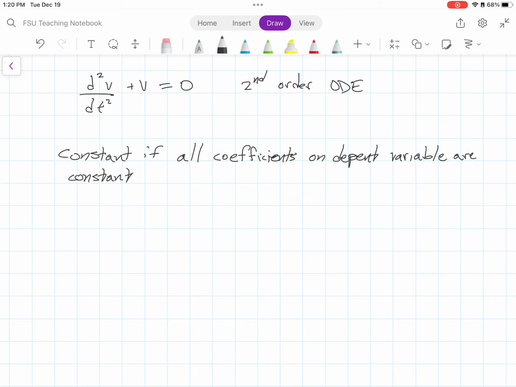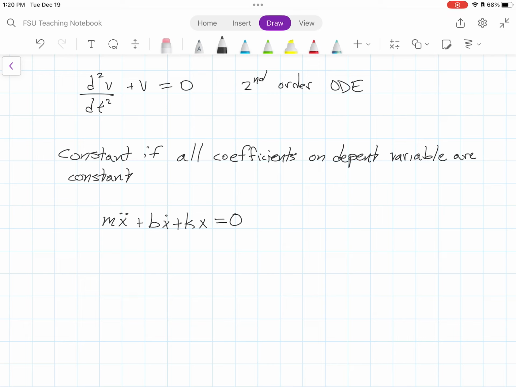So for example, our canonical equation for this course is going to look like m x double dot plus b x dot plus kx, say it equals 0.